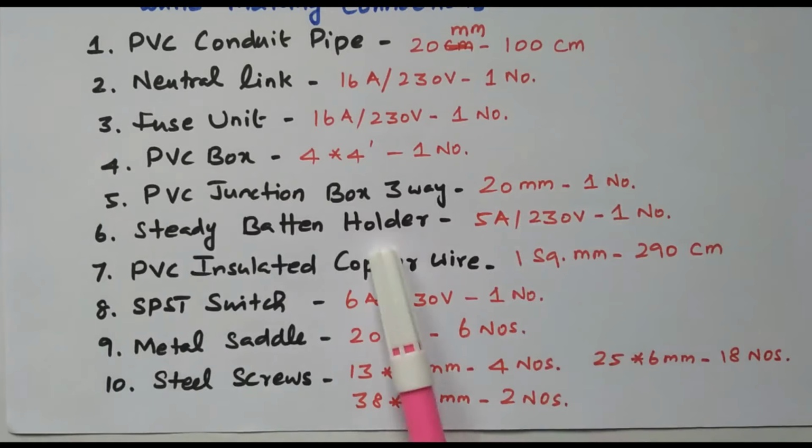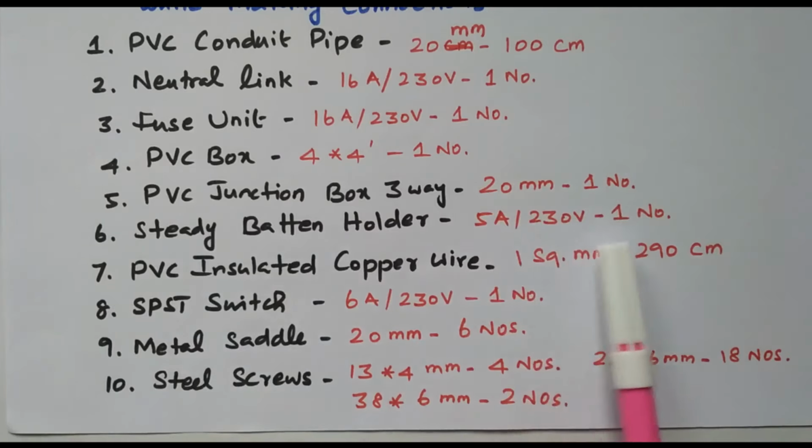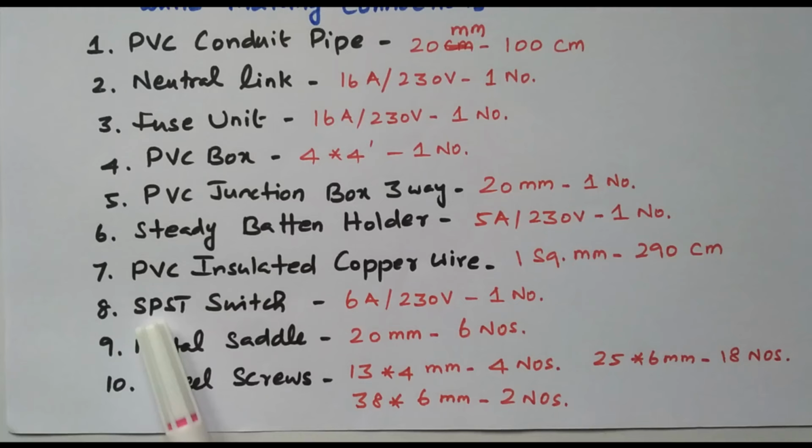Then batten holder 5 ampere 230 volt 1 number. Then PVC insulated copper wire 1 square millimeter is enough, because we are using only 2 bulb, 290 centimeter is required. Then SPST switch 6 ampere 230 volt 1 number. Single pole, single throw. Only single pole, only phase is controlled.